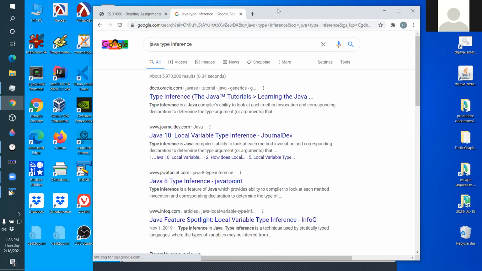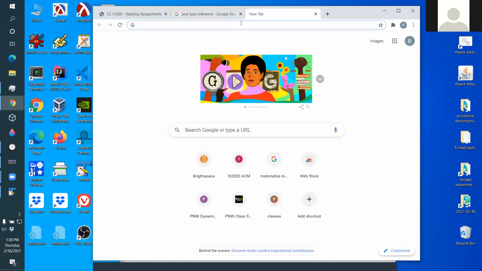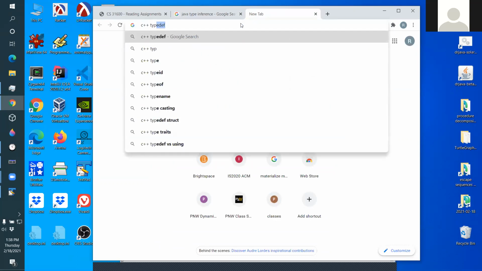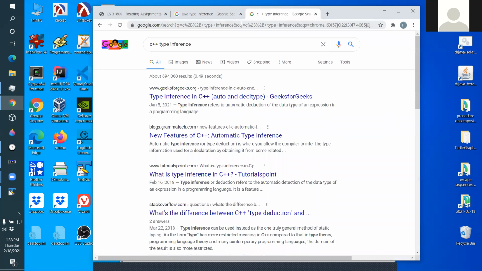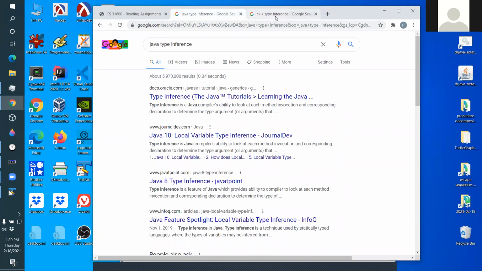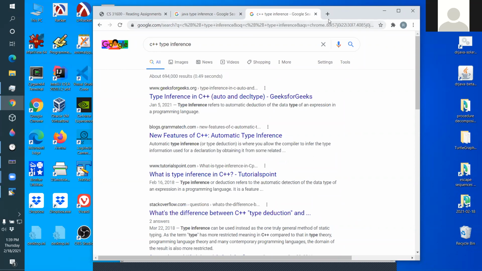If you Google C++ type inference, it's now part of C++. It wasn't there originally. It got added to C++. It came from the ML language. It's now part of C++. It's now part of Java. It's not as crucial to Java as it is to ML. It's not at the heart of Java, but it's been added to Java. Same with C++. It's been added to it.